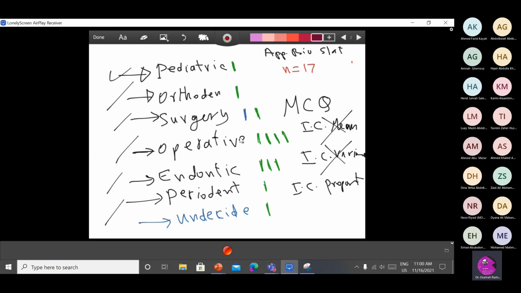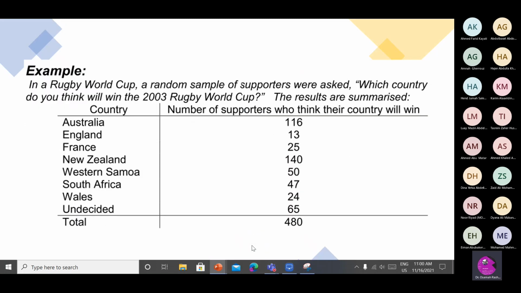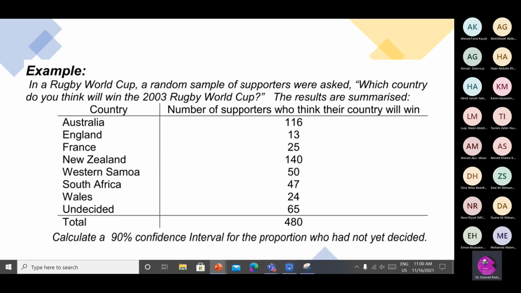But this sample will give me an indication of the proportion for each choice in the whole population in the College of Dentistry. This is the point of the choice. I have to know the confidence level before I start finding the confidence interval for a proportion, or for the mean, or for the variance.